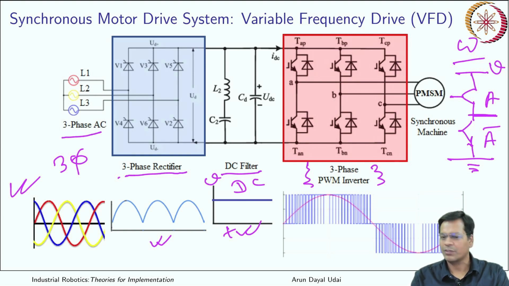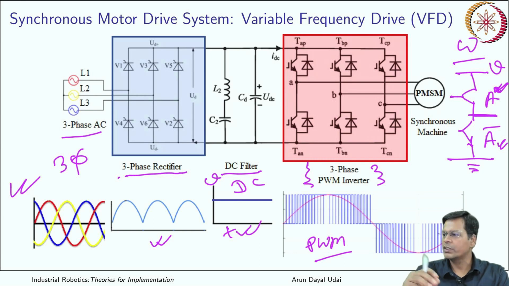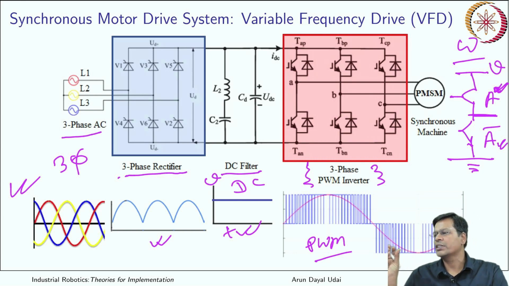Similar is the thing here for three phase, just like a BLDC motor driver. It can gradually switch the pole from here to here. In order to do that, each one of them is supplied with a PWM signal, a pulse width modulated signal, which is nothing but a variable duty cycle square wave signal.